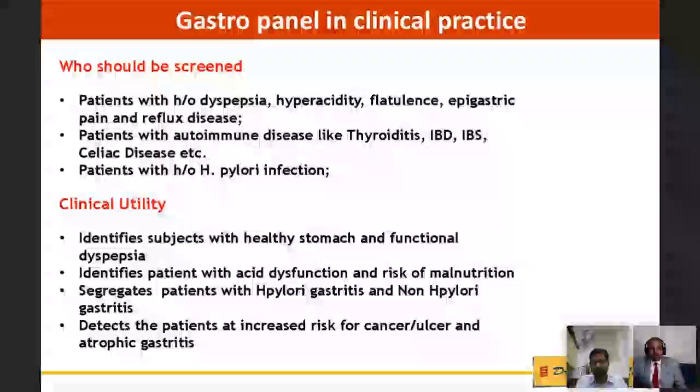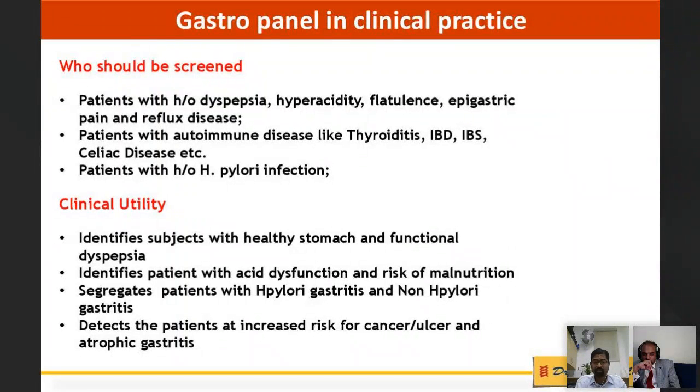Whenever we come across a patient, in clinical practice or as a lab person or healthcare provider, who seeks help with symptoms like dyspepsia, hyperacidity, autoimmune disease, a history of H. pylori infection, or reflux diseases, they should be screened with GastroPanel or stomach function test, to know whether the stomach is healthy or diseased, what the condition of the acid secretion is, what may be the possible cause of such reflux, and whether there is any atrophy, because as mentioned many times, chronic atrophic gastritis is a very crucial condition.